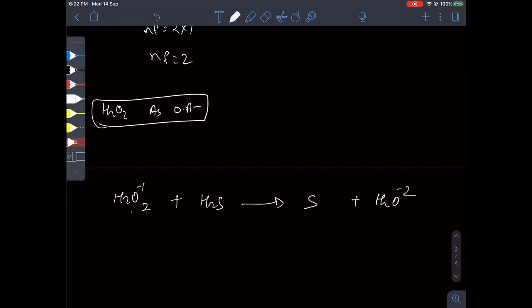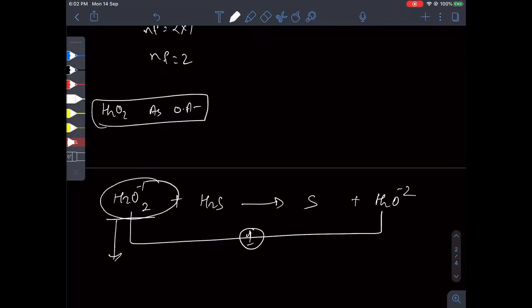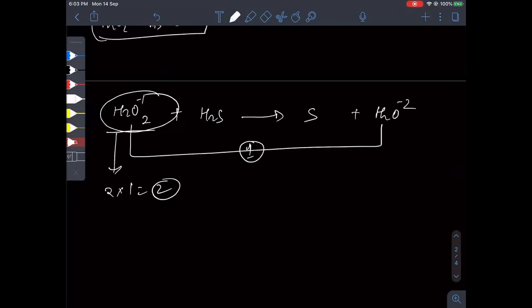Now just look here. From -1 to -2, it has gained 1 electron per atom. Now per molecule, in 1 molecule of H2O2, how many oxygens are there? So 2. So what will be the N factor? Again 2 into 1, that is 2. The N factor is 2.